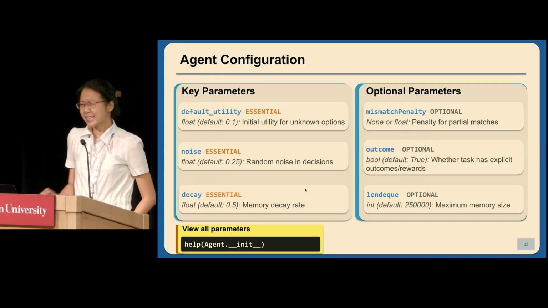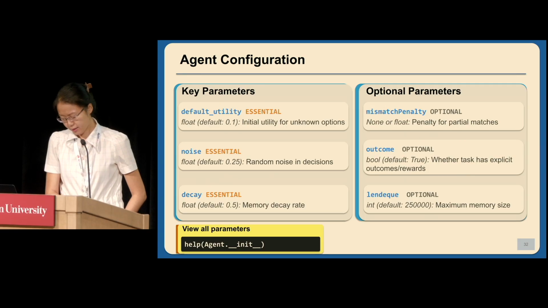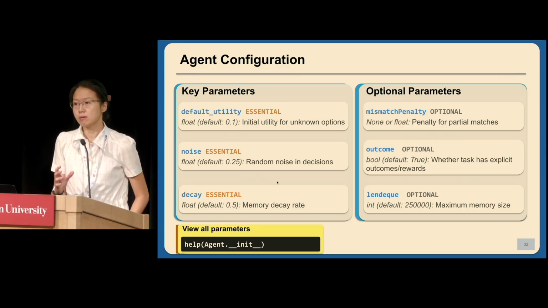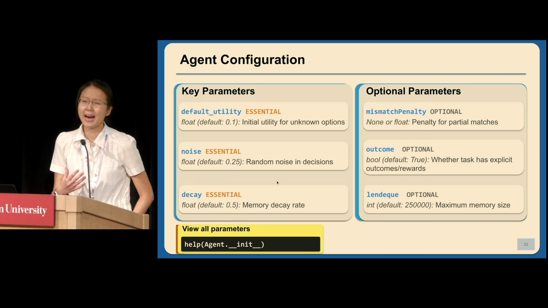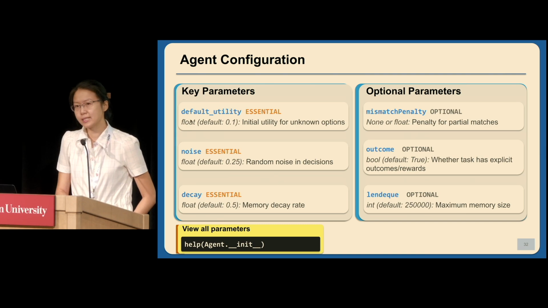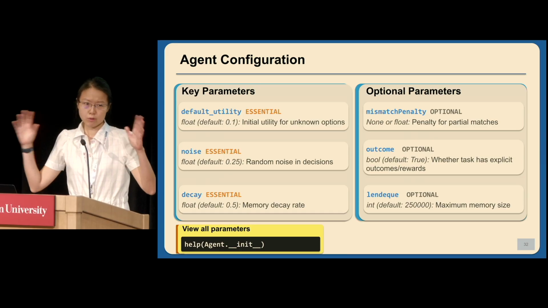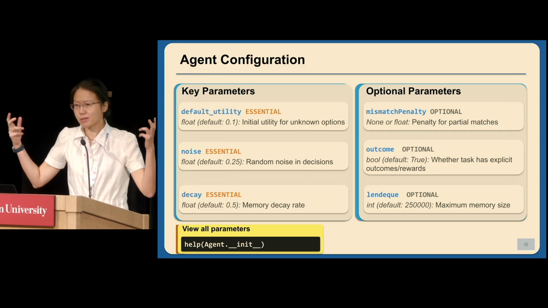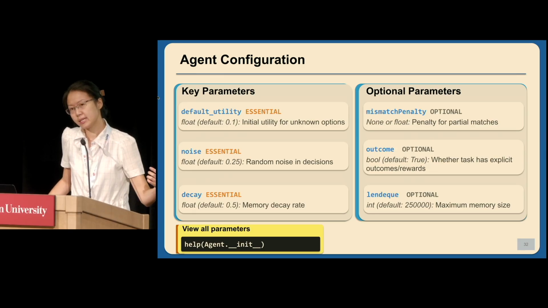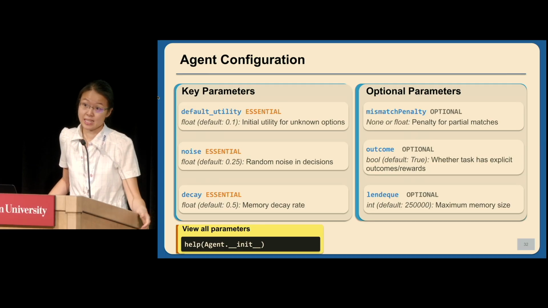There are different parameters, but there are three key essential parameters that we usually need to control how the agent learns and makes decisions. The first one is the utility for unknown options, meaning what the utility is when you don't know about the options. A high value of default utility encourages exploration rather than satisfaction.